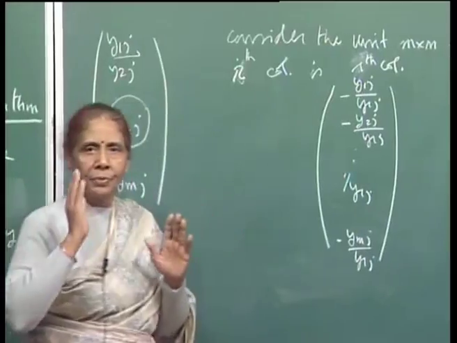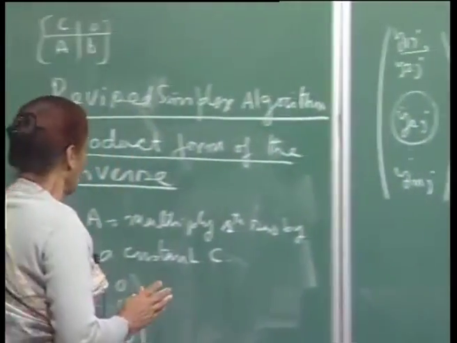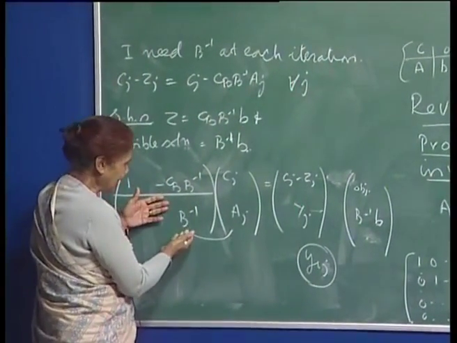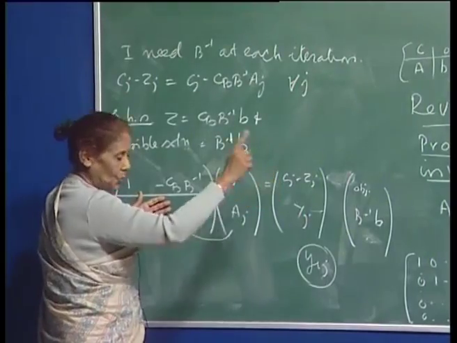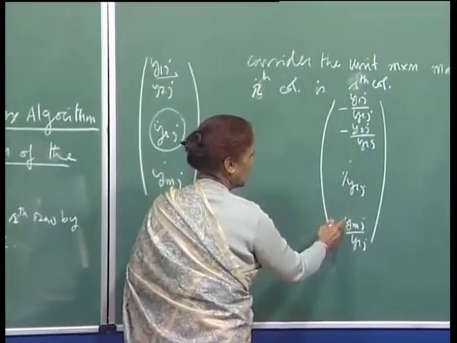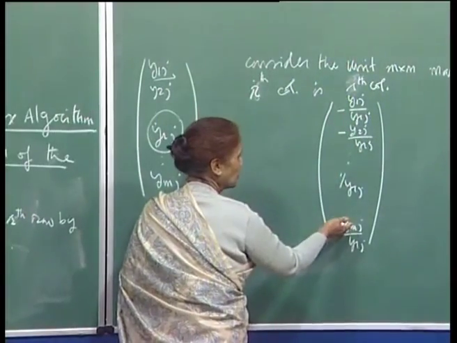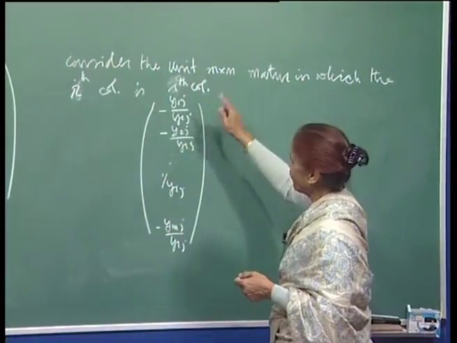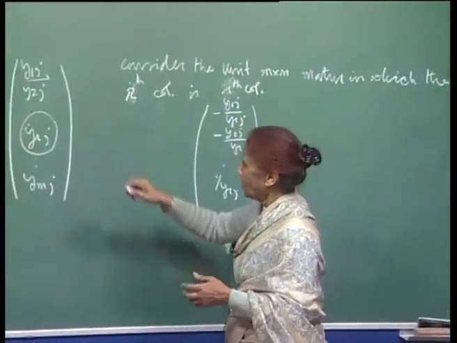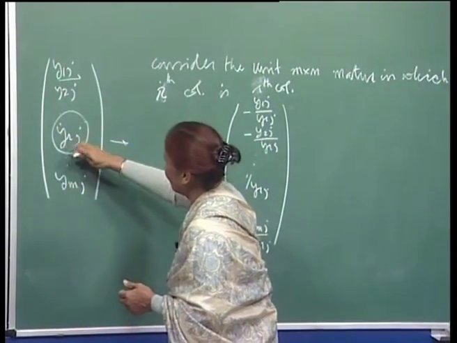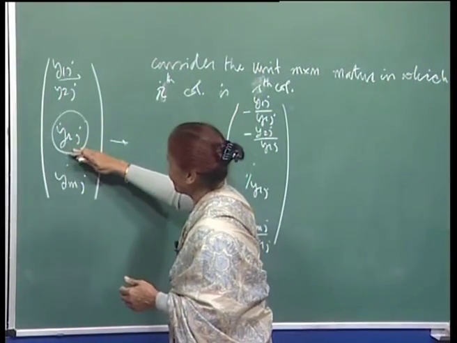Now, if I pre-multiply the current basis inverse by that matrix in which the rth column of the unit matrix has been replaced by this, because this is all the pivoting that you do, right. You multiply this row by y1j and subtract, where you have divided this entry by yrj, right.